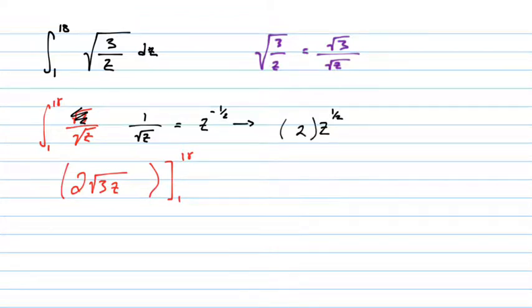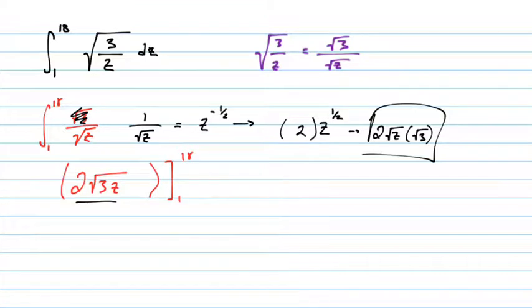And so we get 2 times z to the 1/2, or 2 radical z. And we've got to throw that radical 3 back in there. So if we throw that radical 3 and the radical z together in one radical, we get 2 radical 3z. So either format would have been fine. You could have left it like this, or you could put it like this.